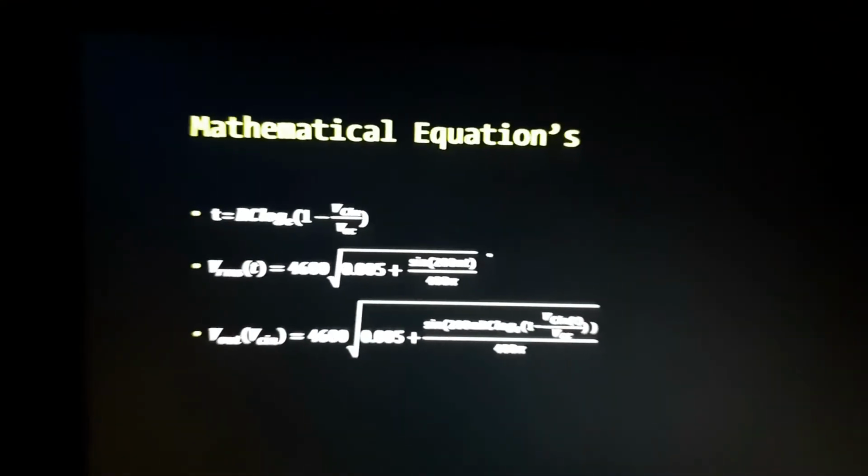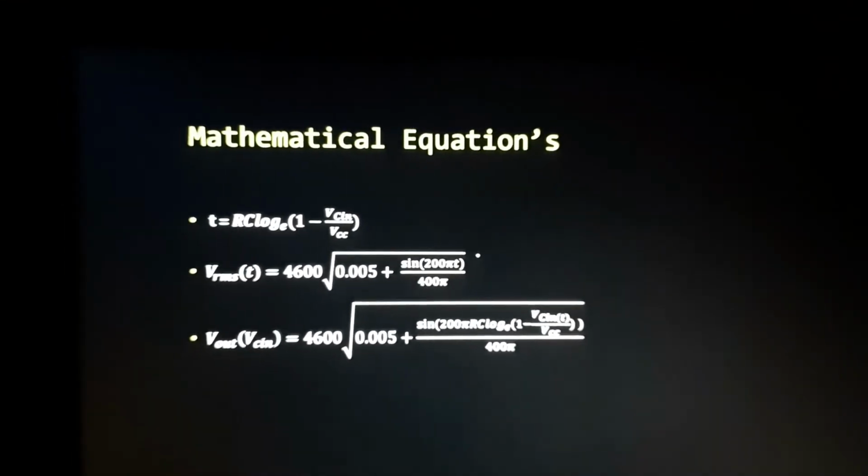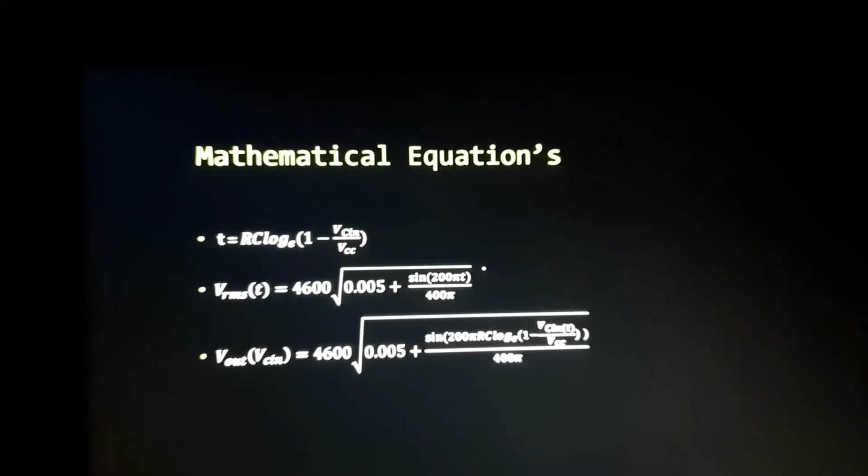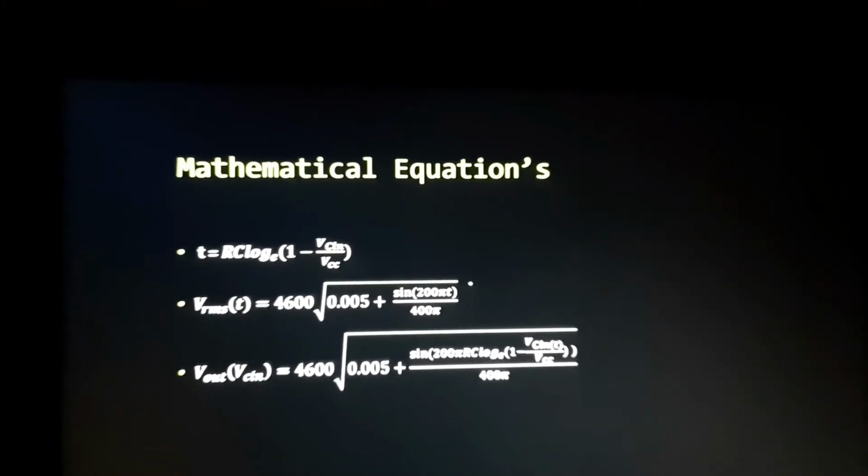So by doing this, we can vary the output AC voltage by changing the input DC voltage through this circuit.